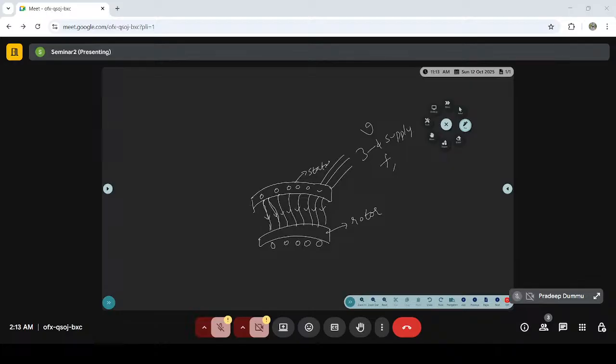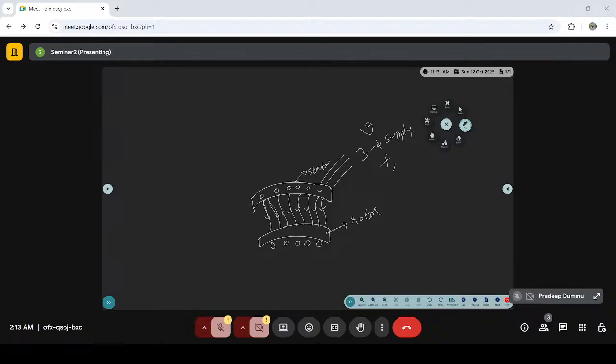Whenever a three-phase supply is applied to the stator, we got a rotating magnetic field around the stator. Last bench, చెప్పు ఏమొచ్చింది నీకు? ఏం అప్లై చేస్తున్నావు స్టేటర్కి? వైట్ షీట్.